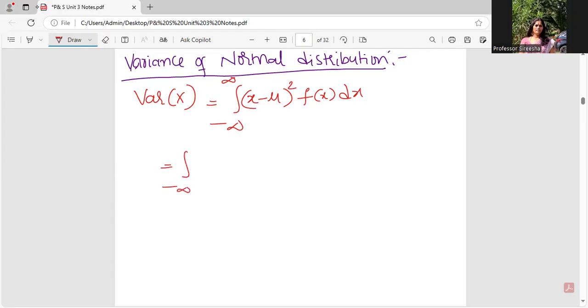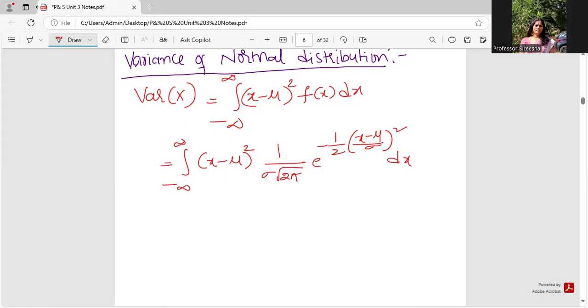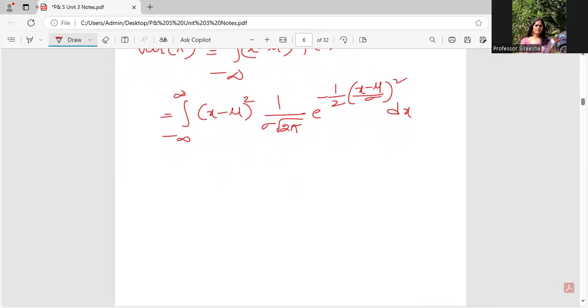And I know for the normal distribution, f of x is 1 by sigma under root 2 pi e power minus 1 by 2 ((x minus mu) by sigma) whole square dx. Why I'm considering this is I can go with the substitution (x minus mu) by sigma is z.